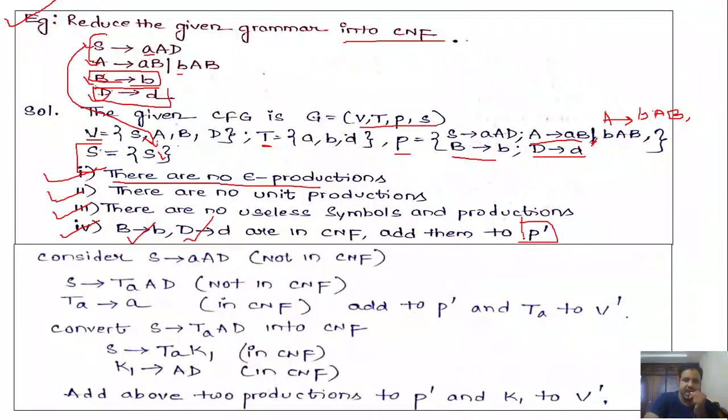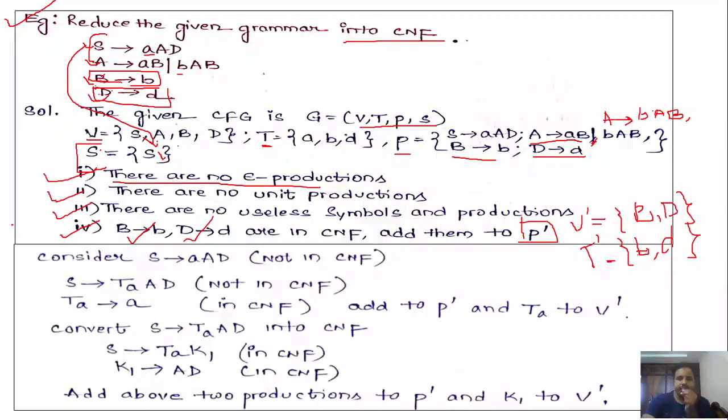And add the variables to V dash. What are the variables? B comma D. Those must be copied to V dash. Next, T dash is equal to what are the terminal symbols related to those productions? Small b, small d. Those terminals we have to add to the T dash.